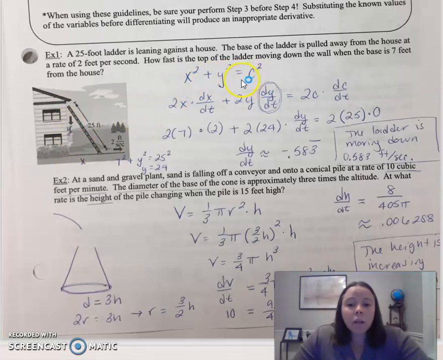Now, when you have your formula, if there's ever a variable that's not changing, like the ladder length, which doesn't change as the ladder is pulled out and the top comes down, you could plug 25 in before you do the derivative. Or you can do the derivative, and I'll show you, you're going to realize that you could have plugged it in.